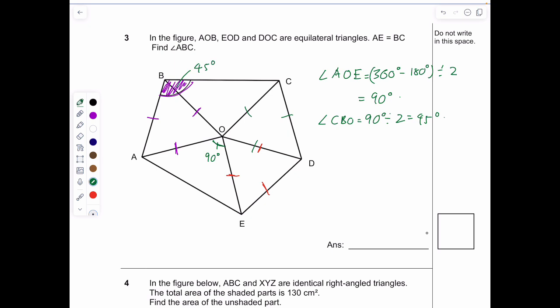And since this is an equilateral triangle, this will be 60 degrees. So this entire angle, angle ABC, will be 60 plus 45 degrees.